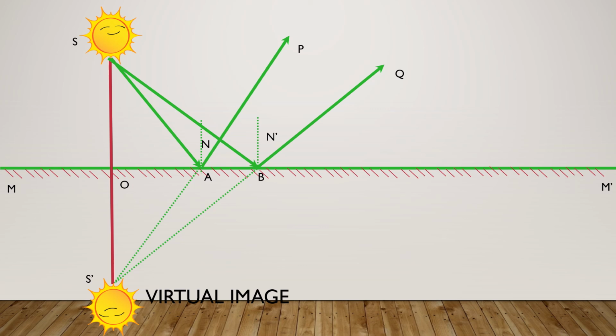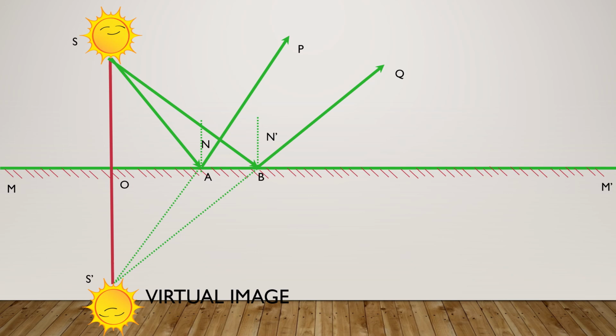Now this image appears to be formed through an apparent intersection. Apparent means not real. It is formed by the apparent intersection of the reflected rays. There is no actual intersection of the reflected rays.